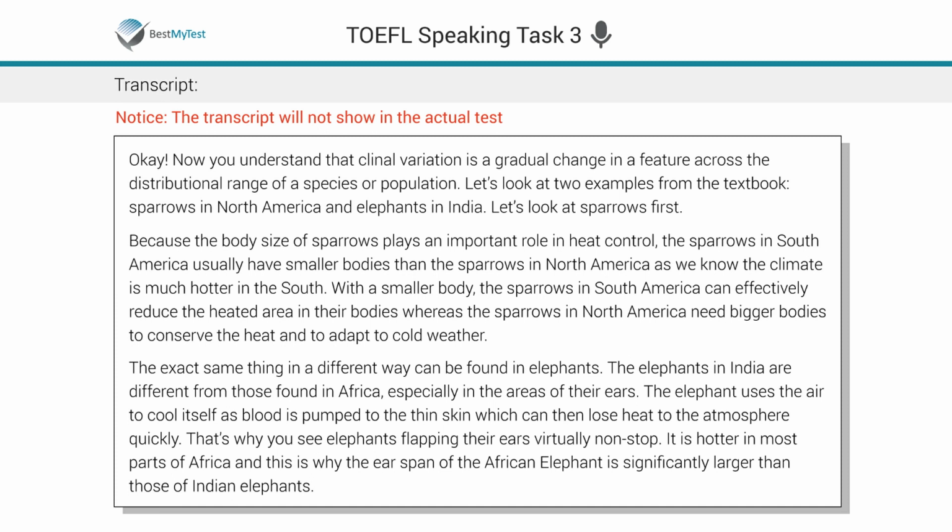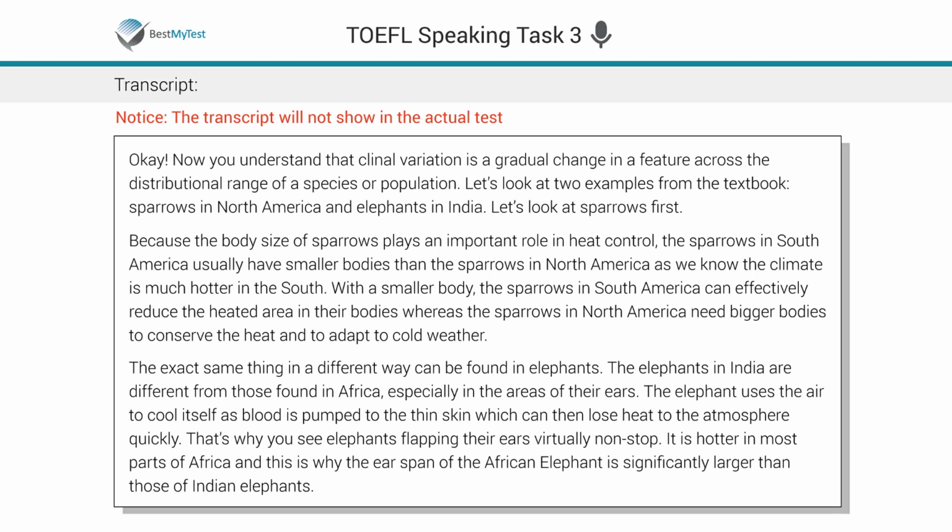Because the body size of sparrows plays an important role in heat control, the sparrows in South America usually have smaller bodies than the sparrows in North America, as we know the climate is much hotter in the south. With a smaller body, the sparrows in South America can effectively reduce the heated area in their bodies, whereas the sparrows in North America need bigger bodies to conserve the heat and to adapt to cold weather. The exact same thing in a different way can be found in elephants.